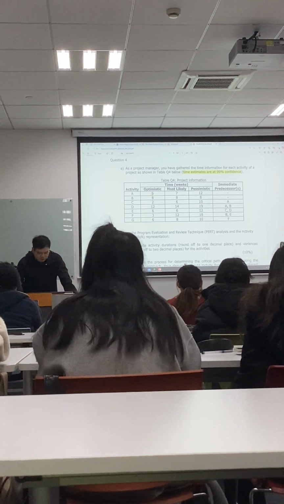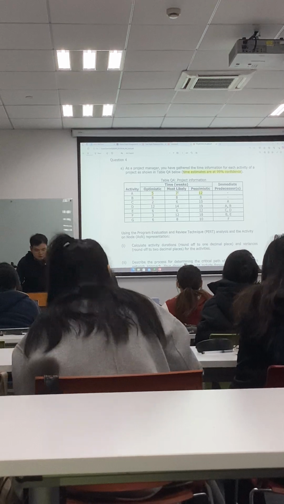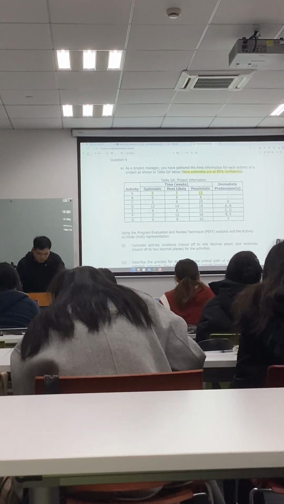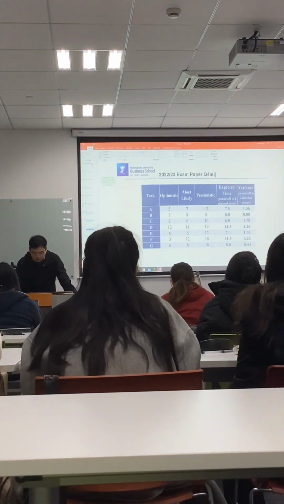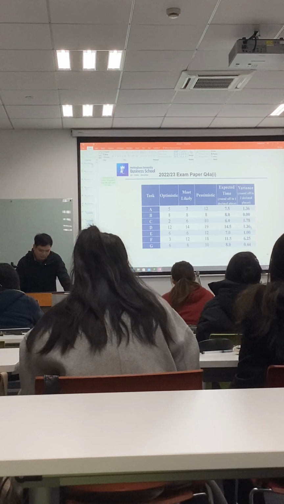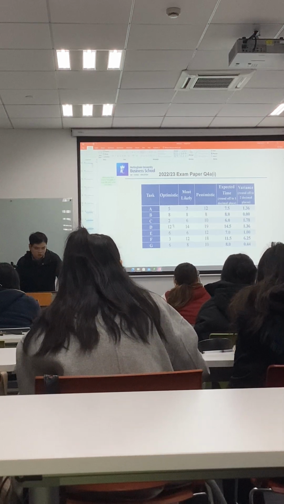This is A, this is B, and this is M. Substitute these 3 numbers into the 2 equations, and we will have the result like this. 1 decimal place, 2 decimal places. This is very easy, for the first question of Q4.